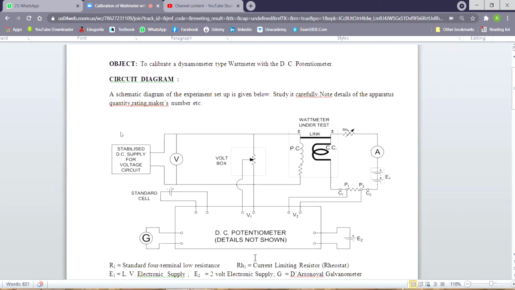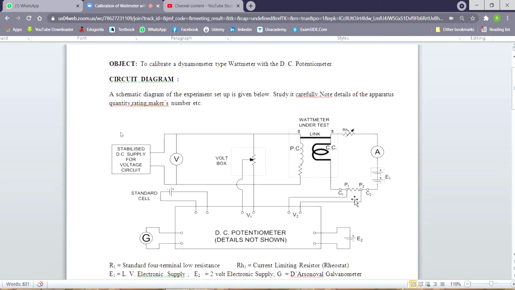Now, one more thing we should say. Normally our pressure coil and current coil are actually powered by the same source. From the same voltage source, a voltage is applied to the pressure coil, and the same source will deliver the current in the current coil and it will pass to a load. But that is the direct loading arrangement.